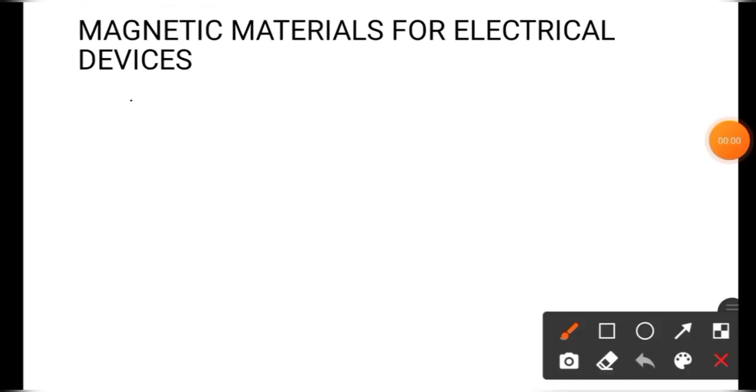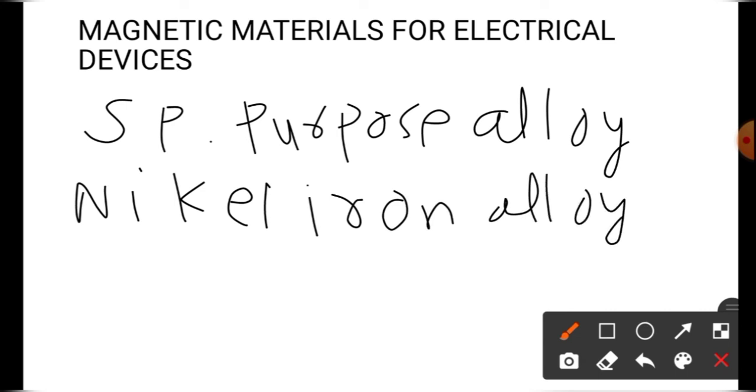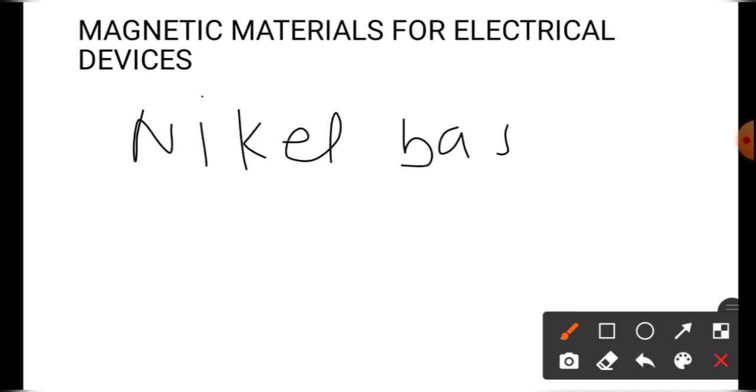Third material is special purpose alloy. Nickel iron alloy has high permeability, and when we add chromium, this will end up as a better magnetic material. Now firstly we will see the nickel base alloy.